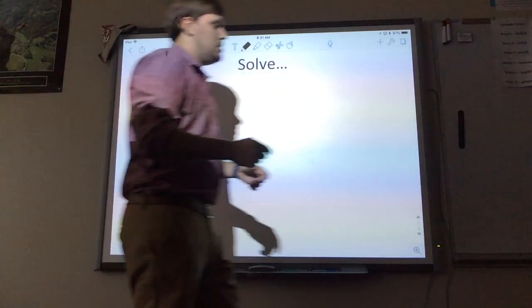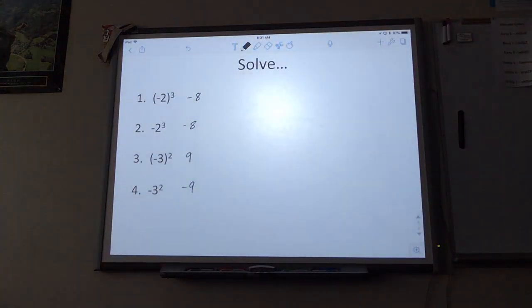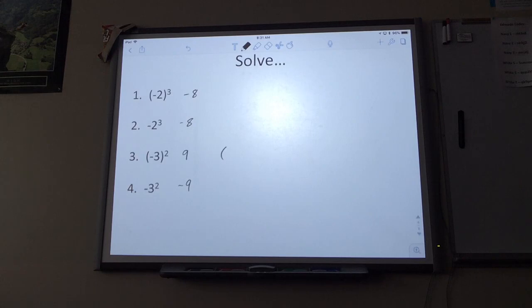Then we squared it. So let me write it down and show you exactly what is happening. Negative 3 times negative 3. That's what number 3 is. That's why that ends up being a positive 9. But number 4 is negative 3 times 3.